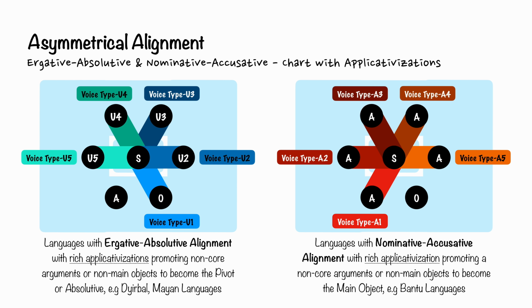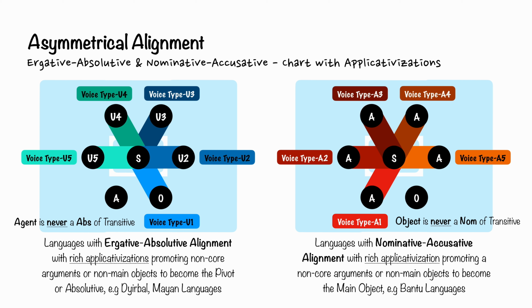The key difference in asymmetrical alignments is that in ergative languages, agents in sentences with transitive verbs never appear in the same case as the absolutive or pivot, while in accusative languages, direct objects never share the nominative case or act as the pivot in sentences with transitive verbs.